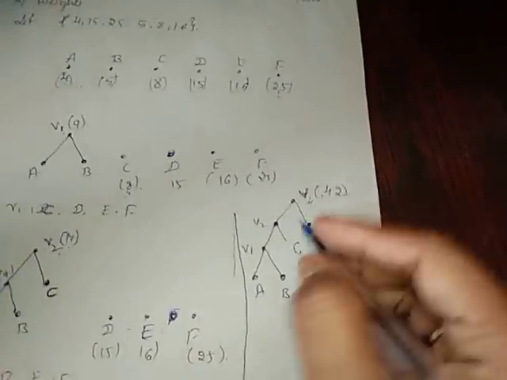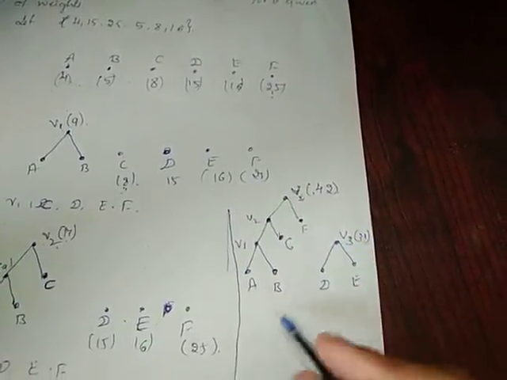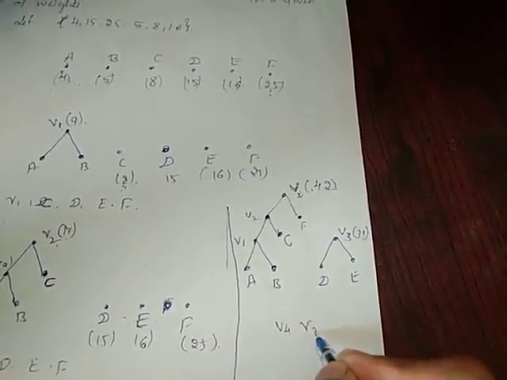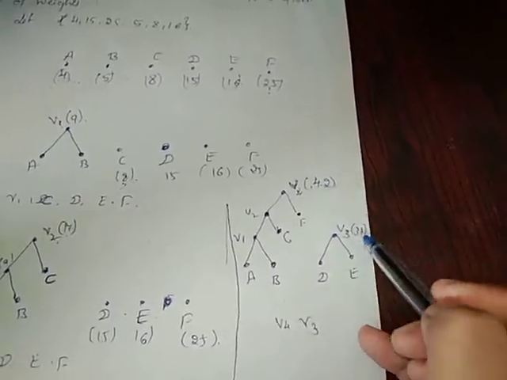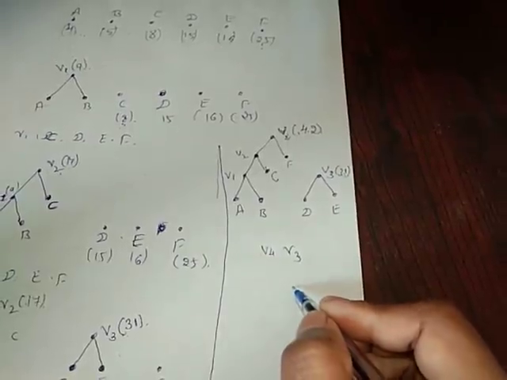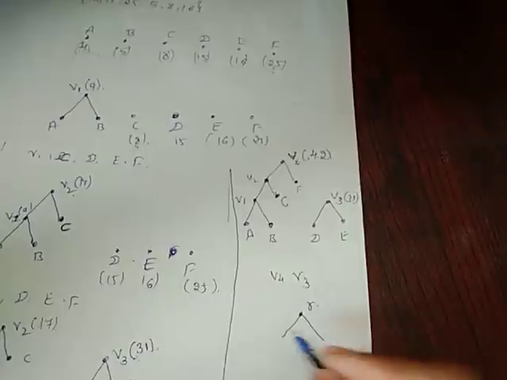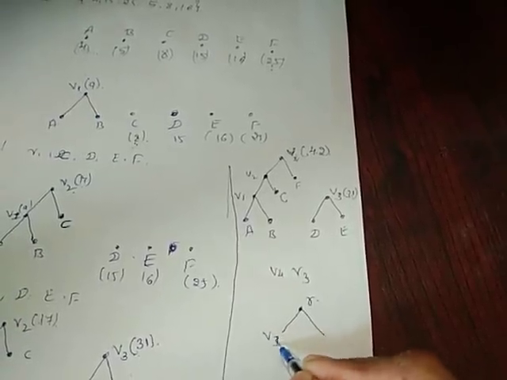Now the remaining vertices are V4 and V3. Add these two weights and assign a new vertex, the last vertex, as a root R, and V4 and V3 become children.